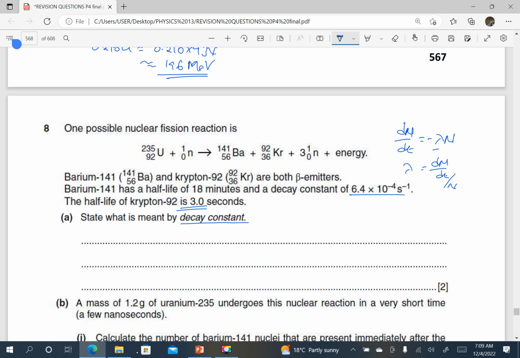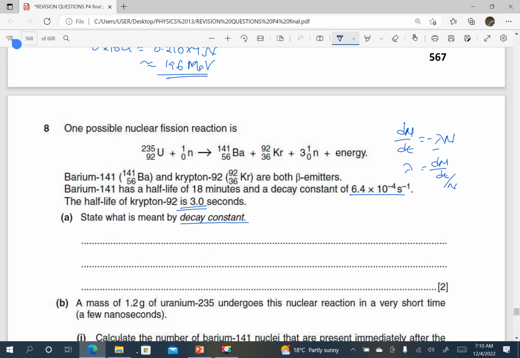So dN over N is event over sample space, that is probability. Then divide by t, so it is probability per time.